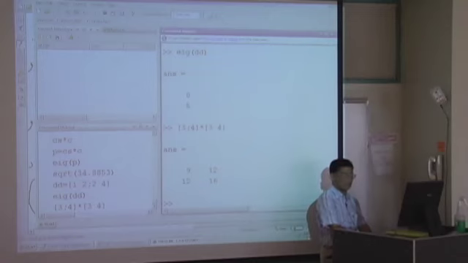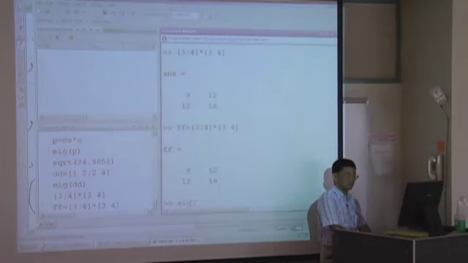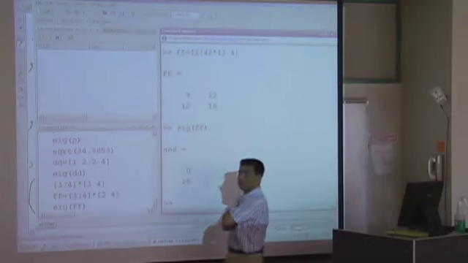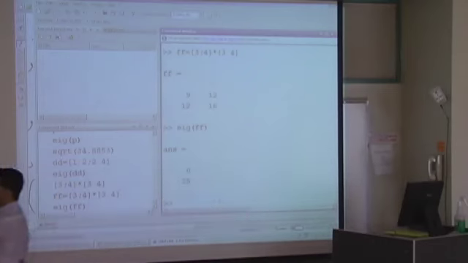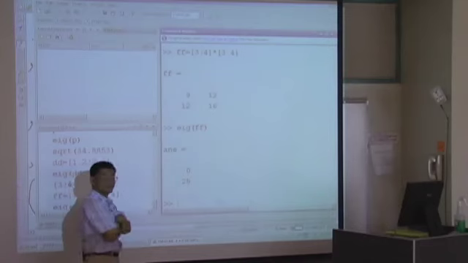Let's call this the FF matrix. Then what is the eigenvalue of this FF matrix? This one. Then what is the square root of 25? 5, we get 5. Or the other way, you get 25 and then the square root.